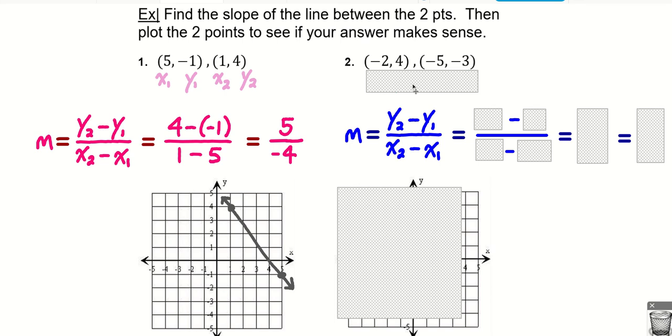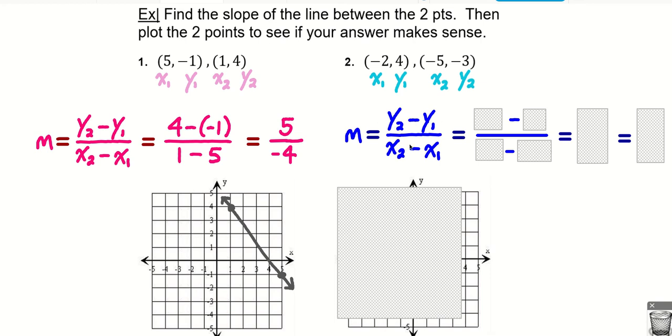Number 2. So same thing. That's x comma y. That's x comma y. So I'm going to call this my x1. I'm going to call this my x2. And then this is, of course, y1 and y2. So then we plug all these numbers into the formula.